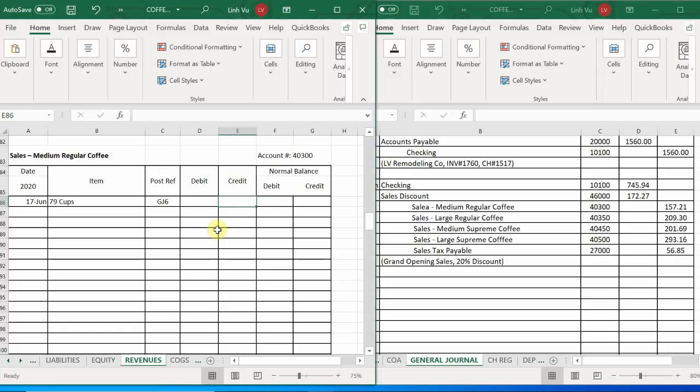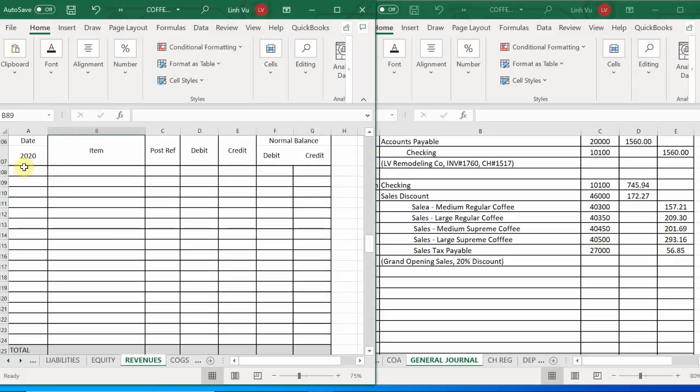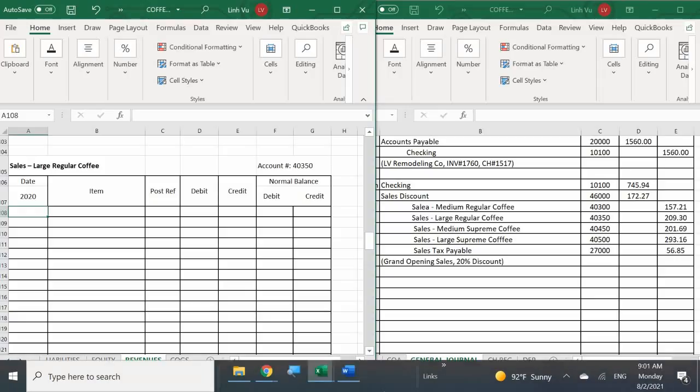So the total credits is going to be $157.21, which is going to be your beginning balance. Okay. And then we sold 70 large cups, for $209.30.